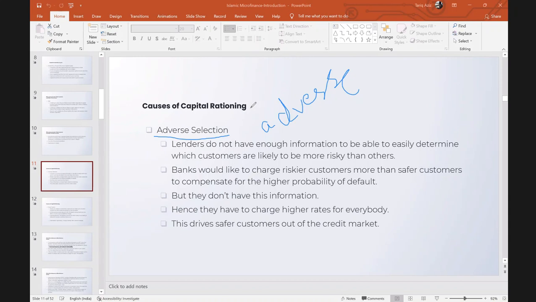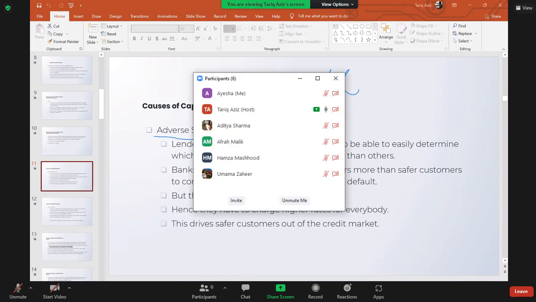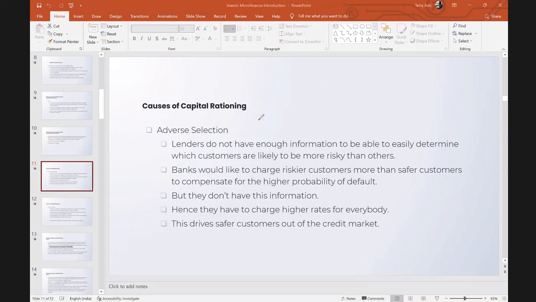If I knew in advance, then I would lend money only to the successful borrower. But this does not happen in reality, and it is very difficult to ascertain which customers are safer and which customers are riskier. So this problem is called the problem of adverse selection, which is common both in microfinance and in normal lending business.